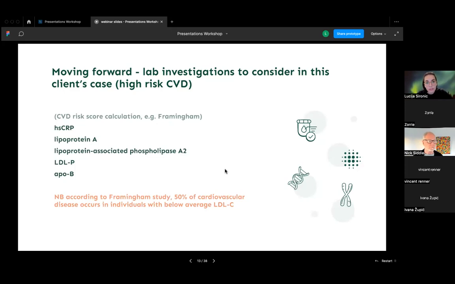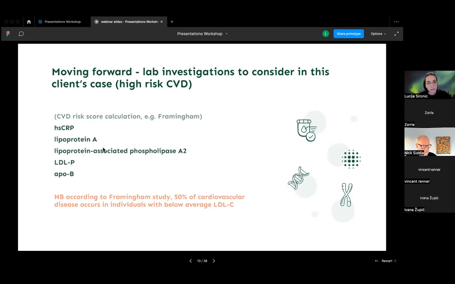So this is a case of a lady who has quite a high risk of cardiovascular disease. And in patients like that, it is useful to think outside of traditional cardiovascular risk markers, because in her case, her cholesterol studies were normal, her blood pressure was normal, she had a normal BMI, okay, she was an ex-smoker, but apart from that and her family history, there wasn't really much else to suggest that she would be a high-risk patient.